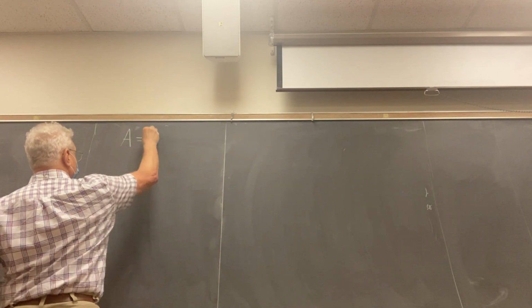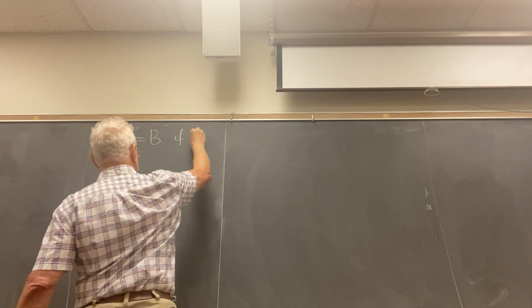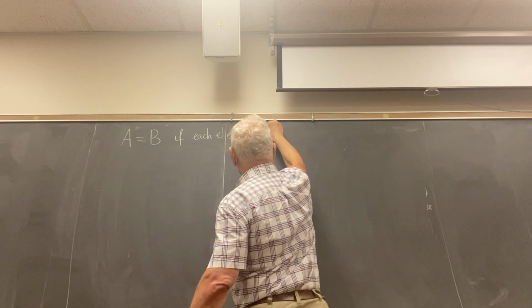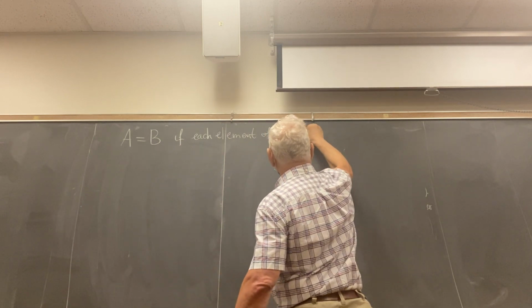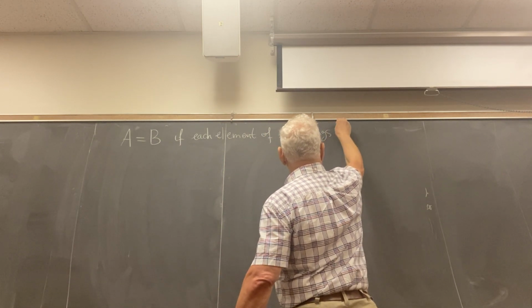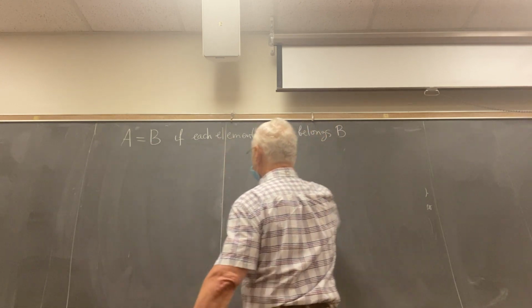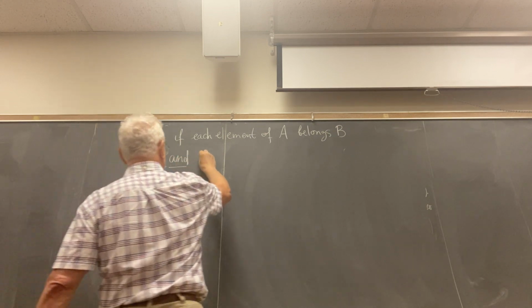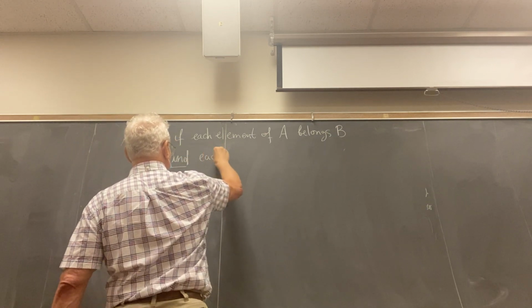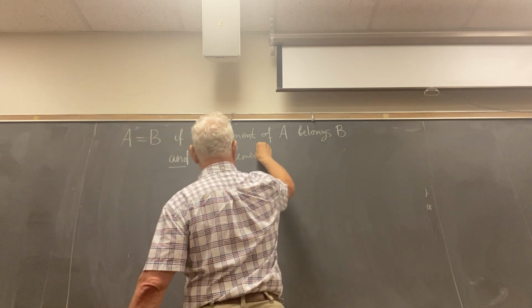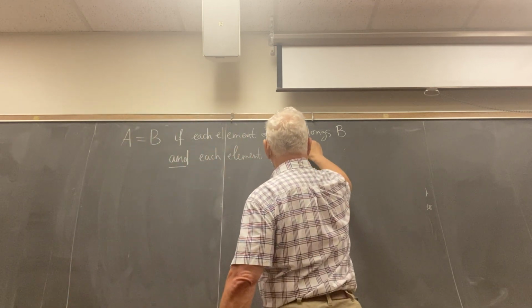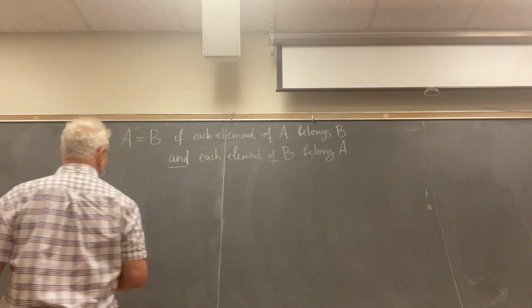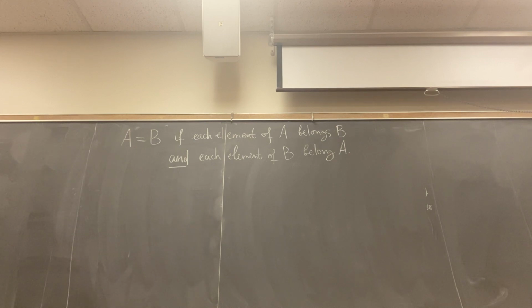Set A equals set B if each element of A belongs to B and each element of B belongs to A. Let me write it in logical form without words.